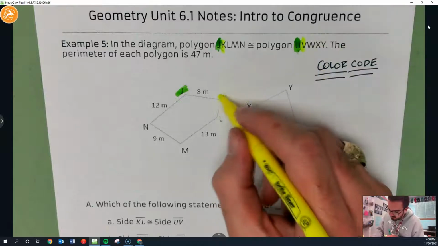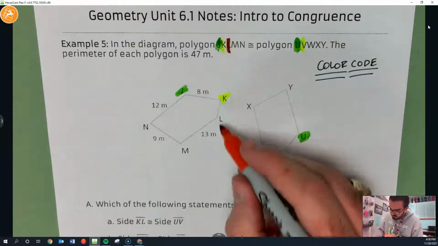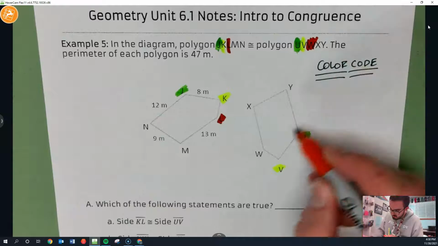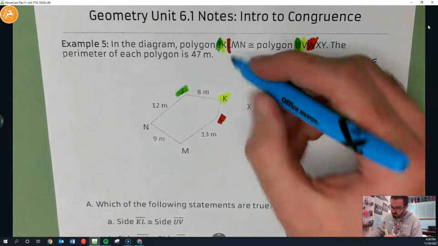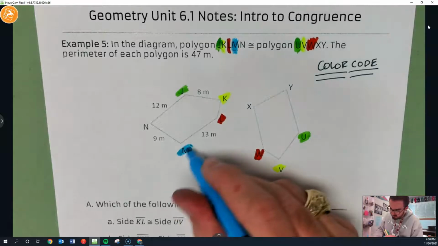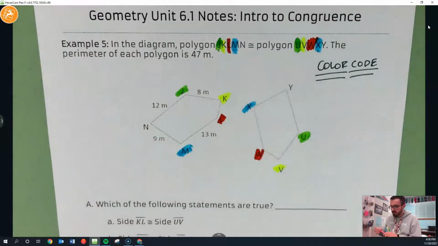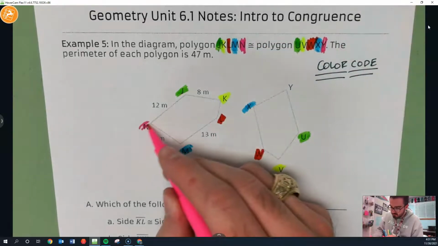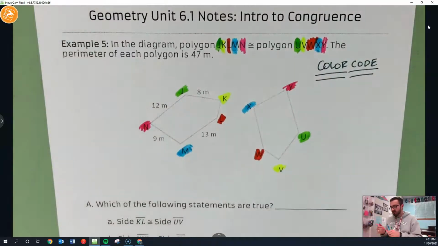K and V. K and V. L and W. M. If you didn't know, I'm actually colorblind, so this is pretty challenging for me. N and Y. All right, cool.